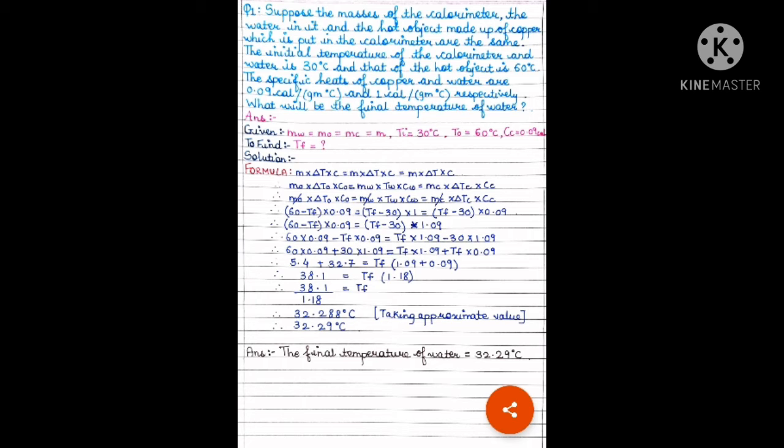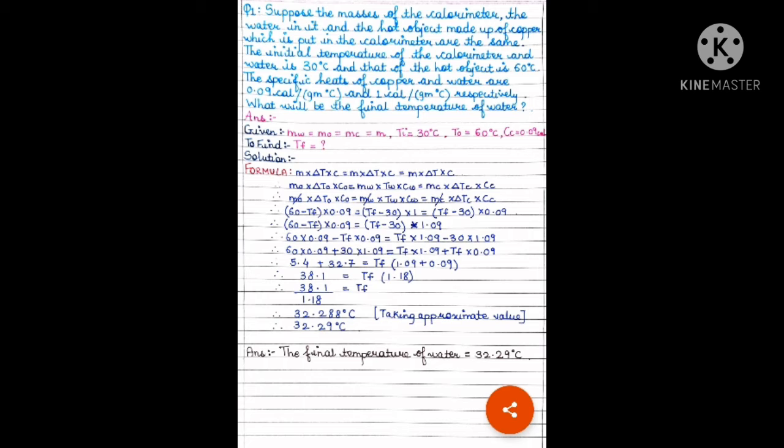Now we have to write the values in the formula. First one was for object, second one for water, and third one for copper. So what will it become now? MO multiplied by delta TO multiplied by CO is equal to MW multiplied by delta TW multiplied by CW, plus MC multiplied by delta TC multiplied by CC.